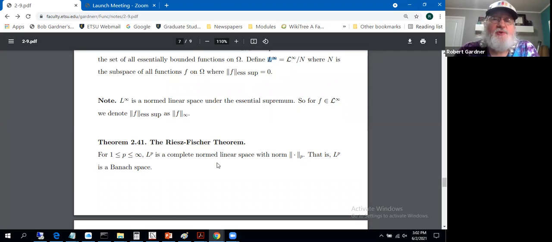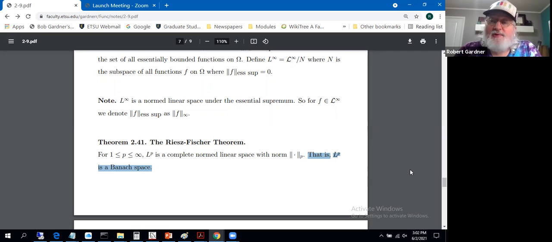As the Riesz-Fischer theorem states, for p between 1 and infinity, including infinity, since we've defined the L infinity spaces now, LP is a complete normed linear space normed by the LP norm. Kind of have to deal with the L infinity separately, but that too is a complete normed linear space. In other words, the LP spaces are examples of Banach spaces.